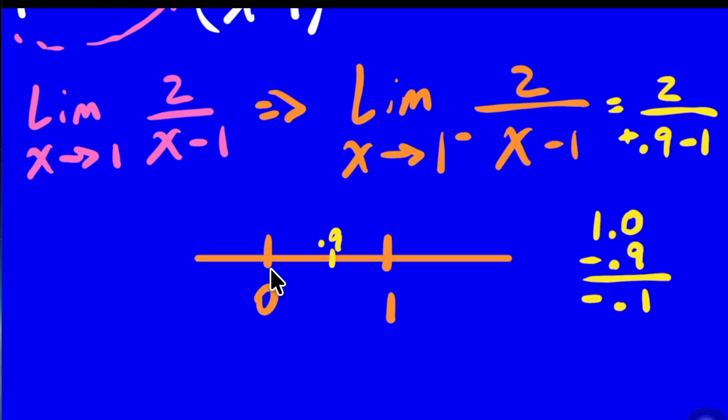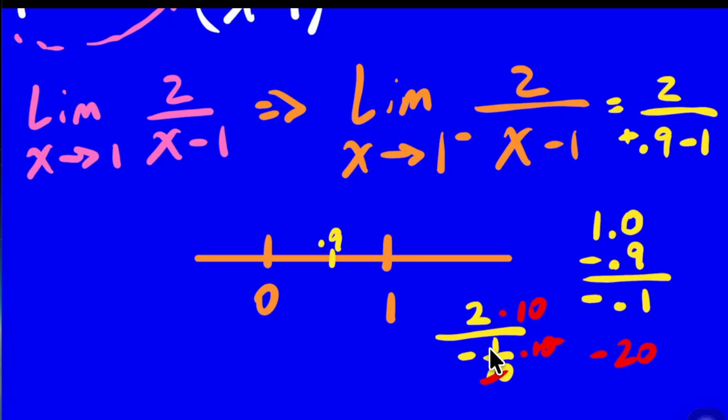So as we approach 1 from the left, if the first number we put in is 0.9, this is going to evaluate in the denominator to negative 0.1, otherwise known as negative 1/10. So let's put negative 1/10 in the denominator. And if we multiply both sides, top and bottom, by 10, we see that this becomes negative 20.